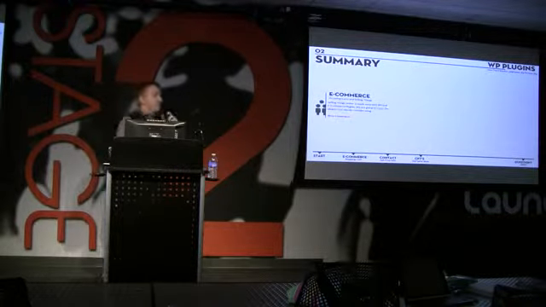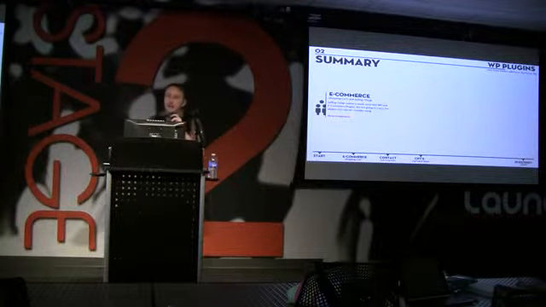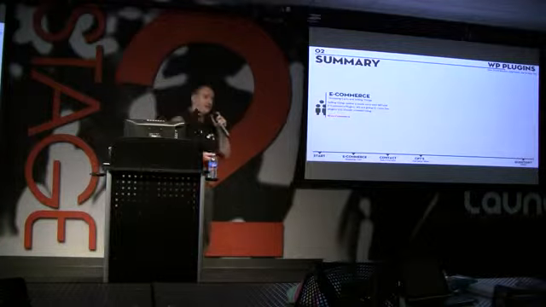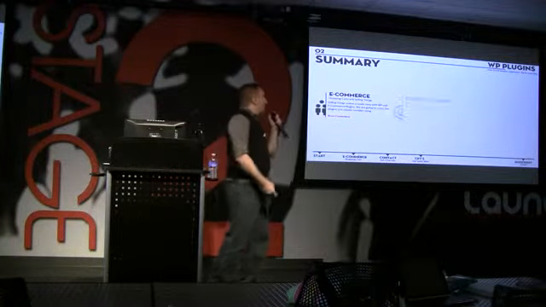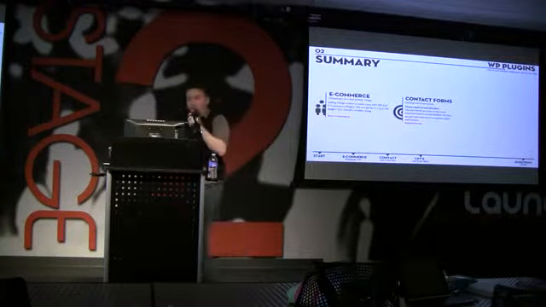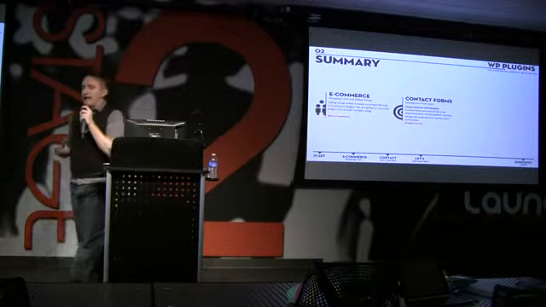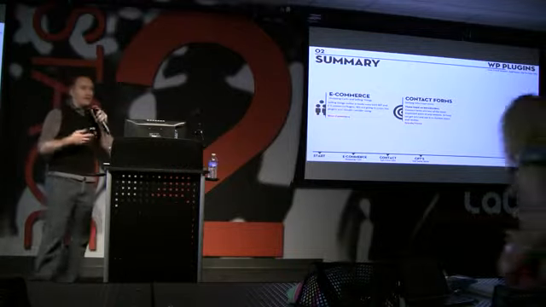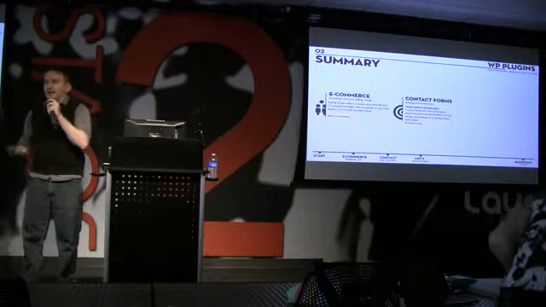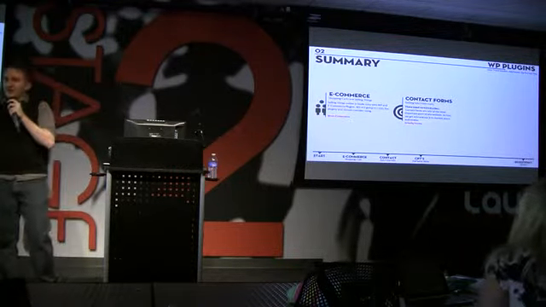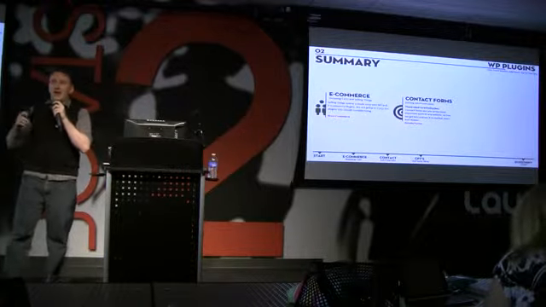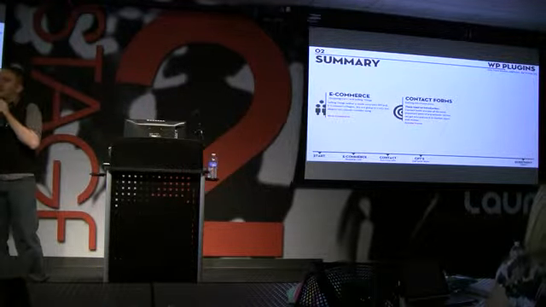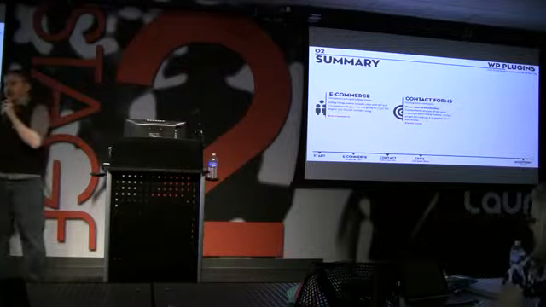So the first category we're going to talk about is e-commerce. This is selling stuff online. The next one we're going to talk about is contact forms. This is actually a big category that a lot of people ask me about. I need a contact form for hiring. I need a contact form for firing. So contact forms is something that is a big discussion across any meetup, any WordCamp.